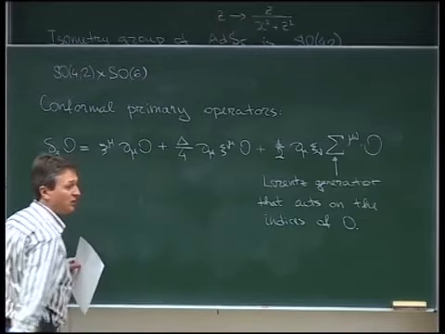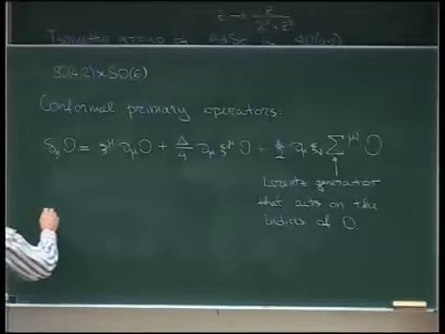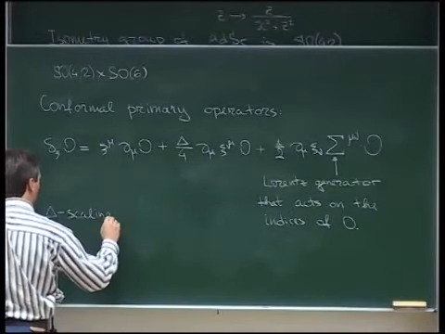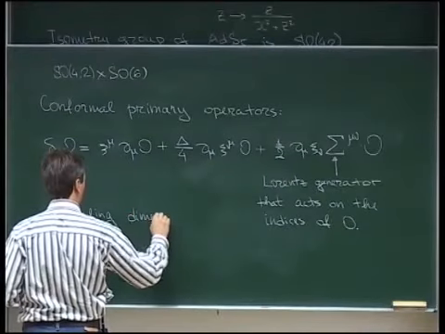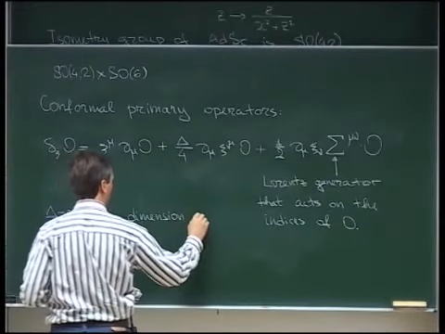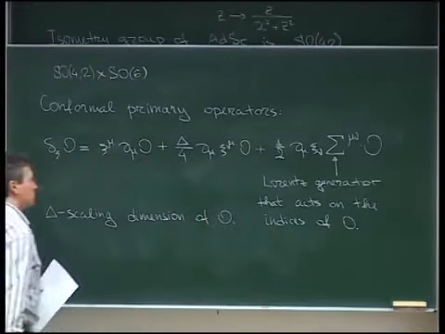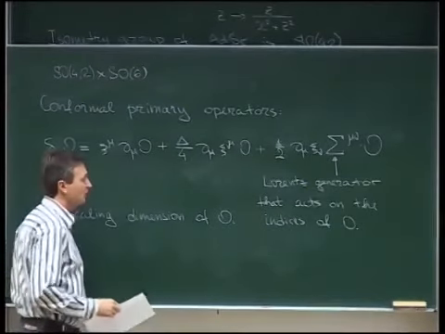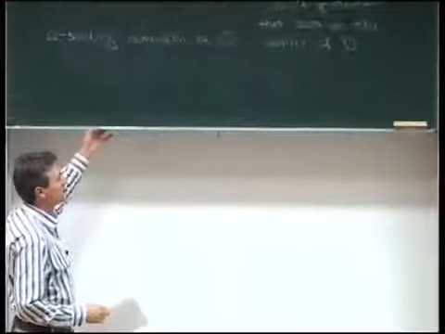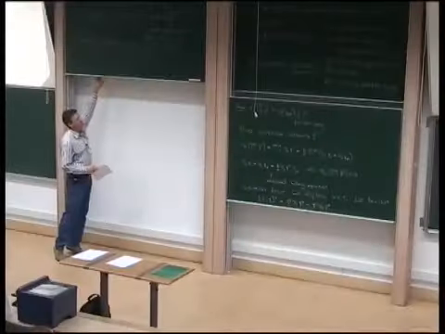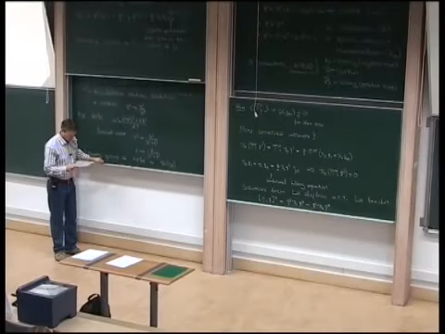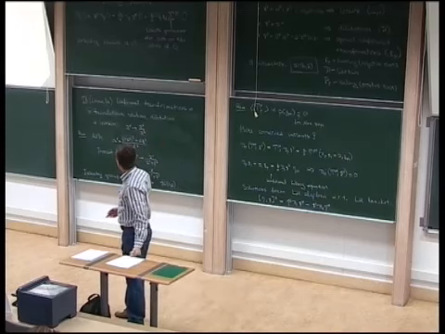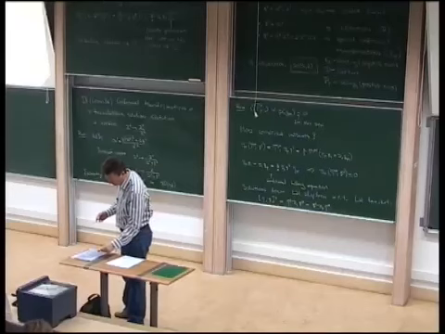Delta is a number, and this delta is called the scaling dimension. In fact, it describes how this operator transforms under rescalings of space-time coordinates, which can be easily seen if we set x to 0 in this formula.